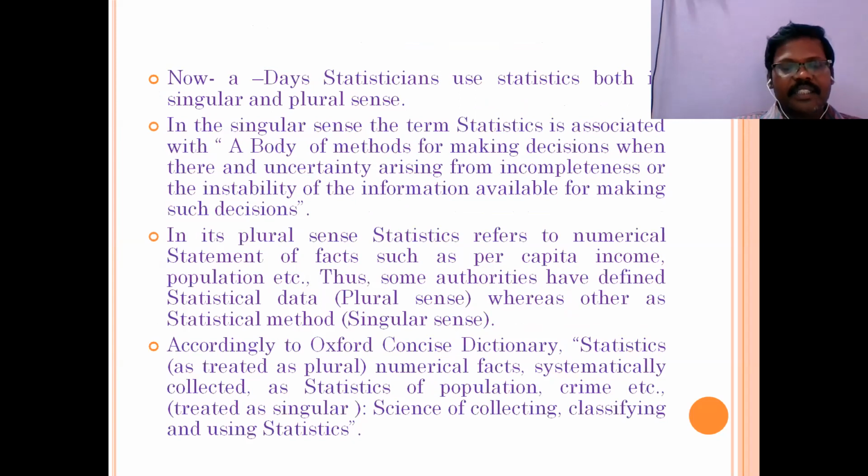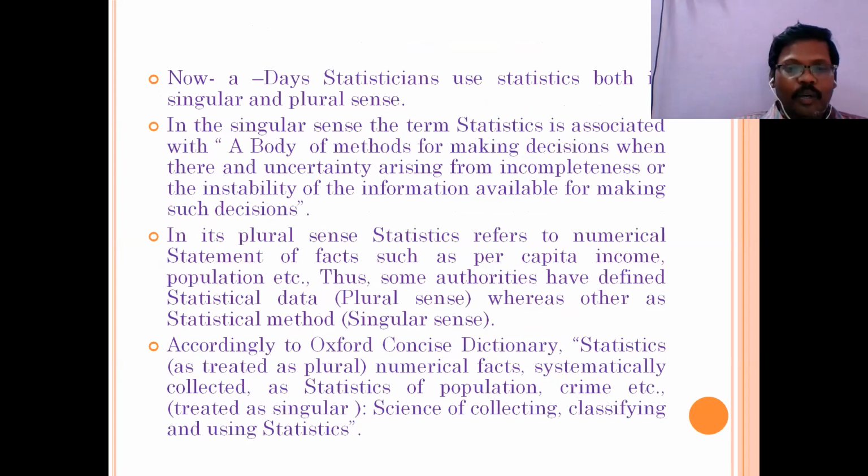Okay, in the singular sense, the term statistics is associated with a body of methods for making decisions when there is uncertainty arising from incompleteness or instability of the information available for making such decisions. Okay, it is for the individual related, singular.